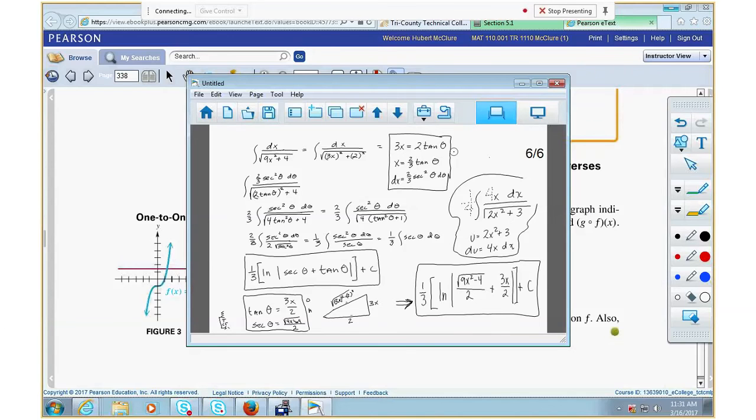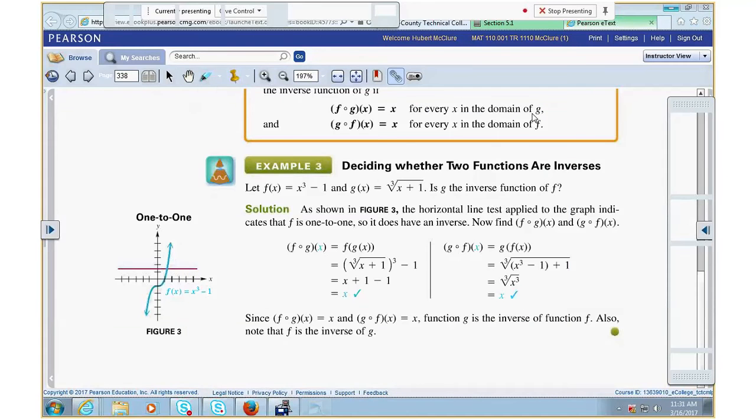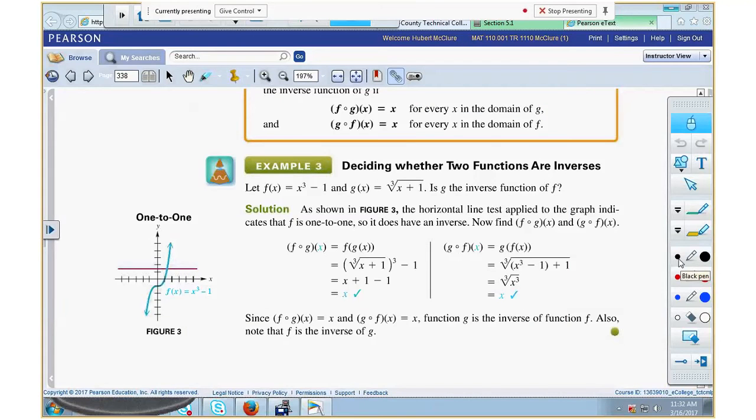Okay. Remember when I told you if you're given a function, let's use this function right here, f of x is equal to x cubed minus 1. I told you to make this y is equal to x cubed minus 1. And then I told you to do what with the x and the y?